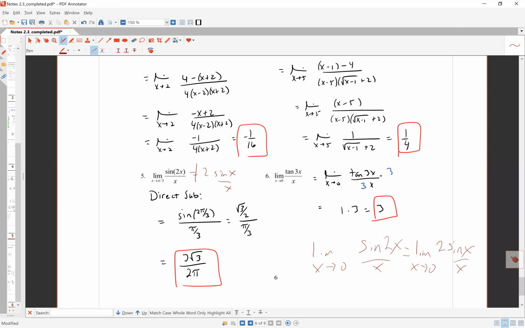So you get the correct answer, 2, but the problem is that this is not equal. Don't do this, students. Sine of 2x does not equal 2 sine of x.